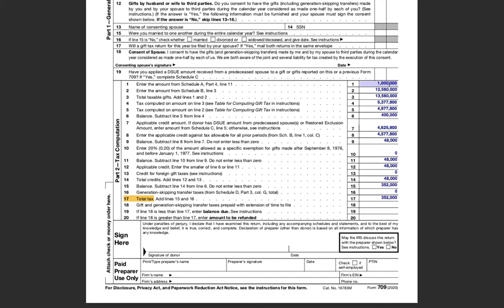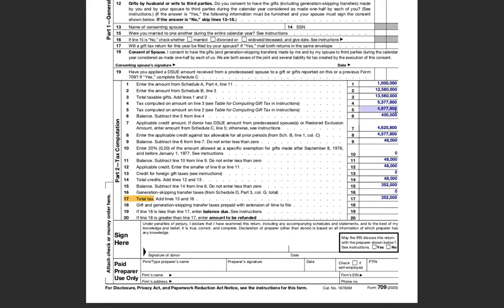Then you add them together, and that gives you the total lifetime gift amount. Once you get your total lifetime taxable gift amount, you use the table to apply the rate to this amount. So you get the lifetime gift tax amount.